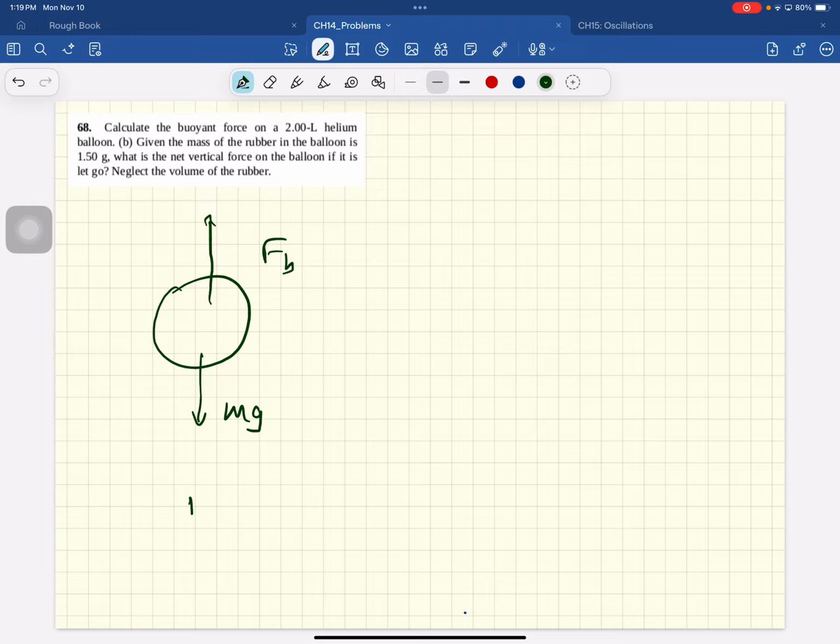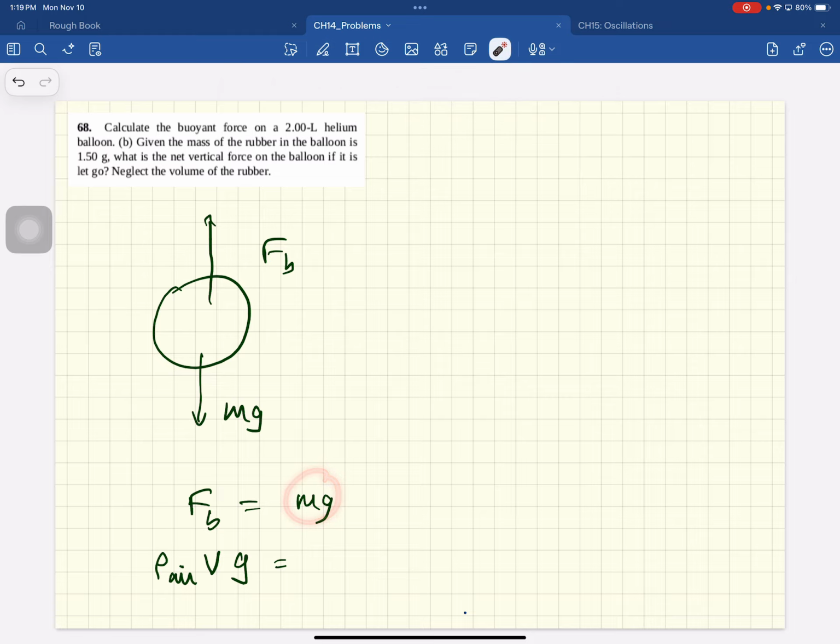Okay, so the buoyant force is equal to this weight, and the buoyant force is the density of air, the weight of the displaced fluid, times the volume of the balloon times g. And what is this weight? This weight is mass of helium plus mass of the rubber times g.